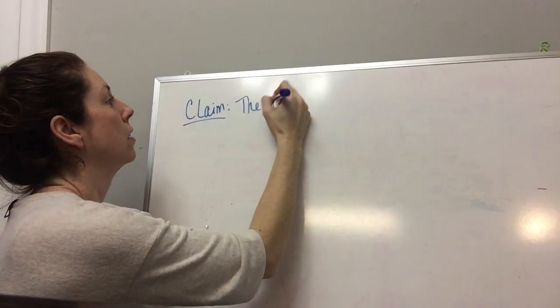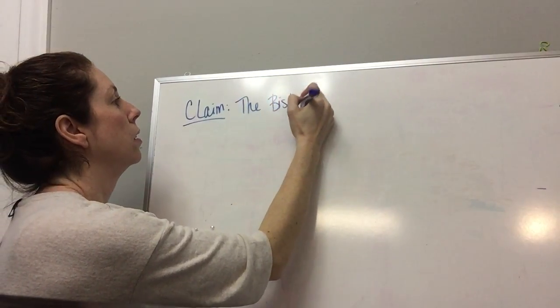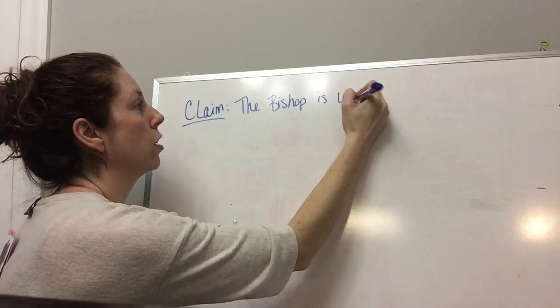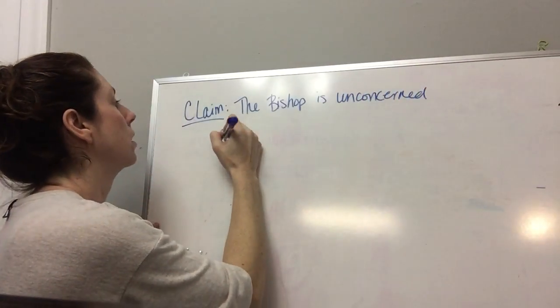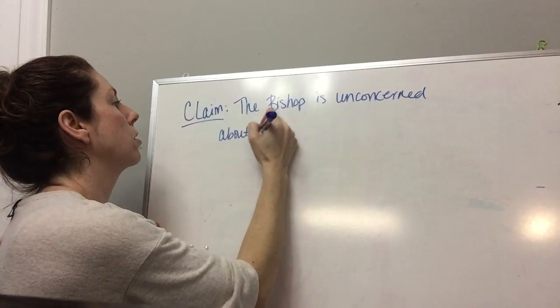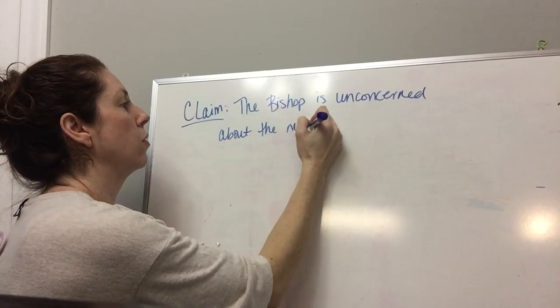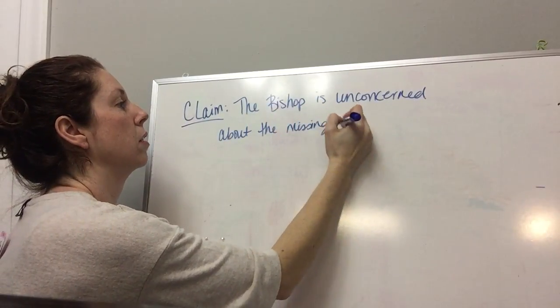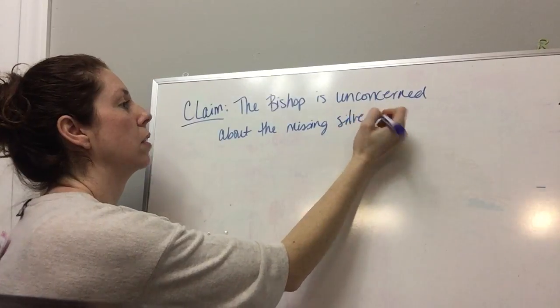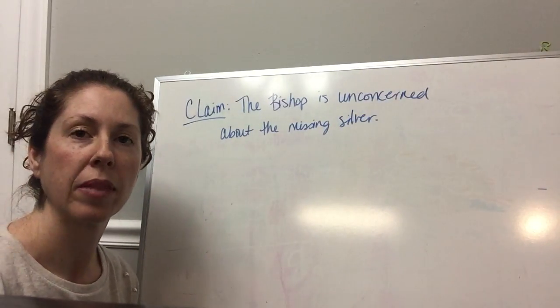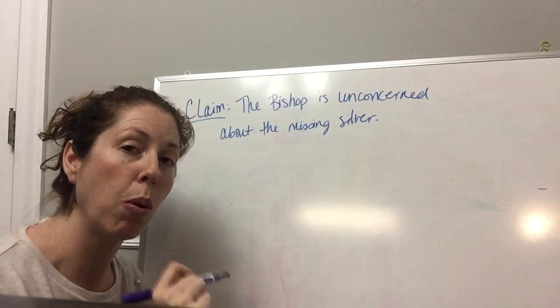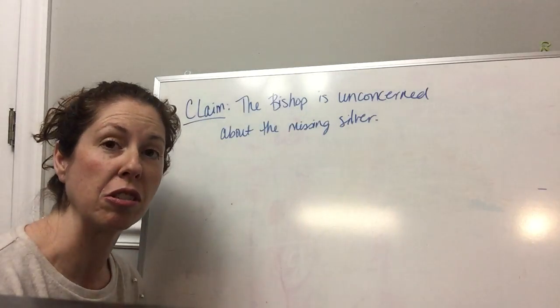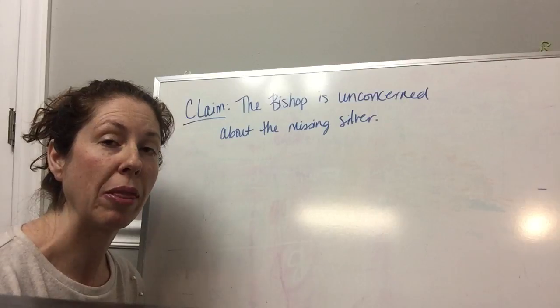I'm saying the bishop is unconcerned about the missing silver. Now, I want you to find a piece of evidence that supports the fact that he is unconcerned about the missing silver. Go ahead.